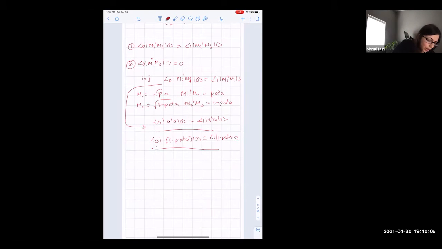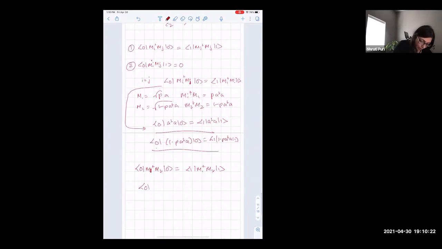So now, when i and j are not the same, something like this, m1 dagger m2 on 0 has to be the same as m1 dagger m2 on 1, and then of course the orthogonality condition. I still need to satisfy these two.